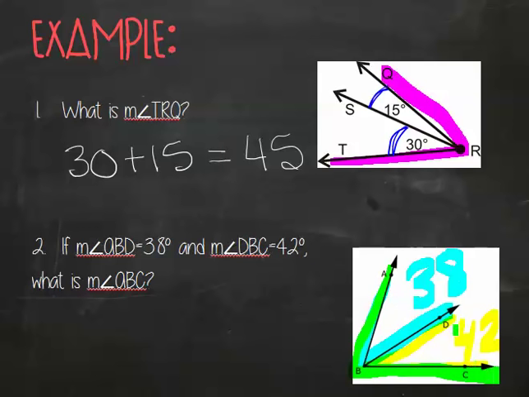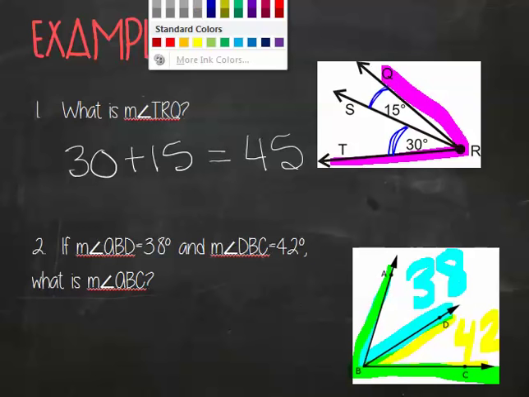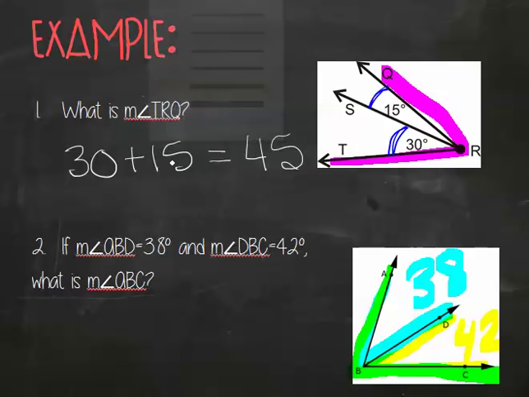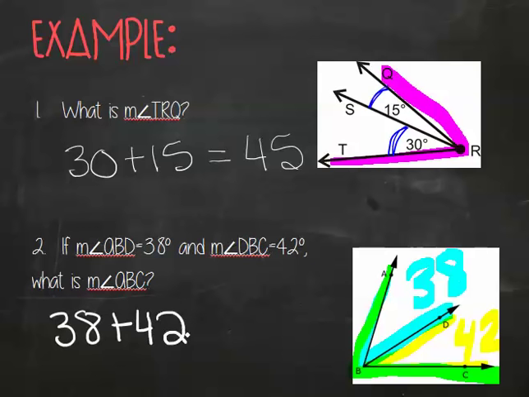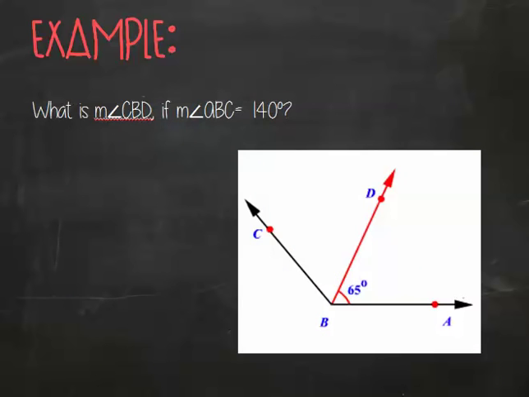Again, all we're going to do is add these two things together. So 38 plus 42, add those together and you get 80. We're measuring angles, so we measure them in degrees. Let me go back up and put my degrees right there too. Alright, let's try another one.